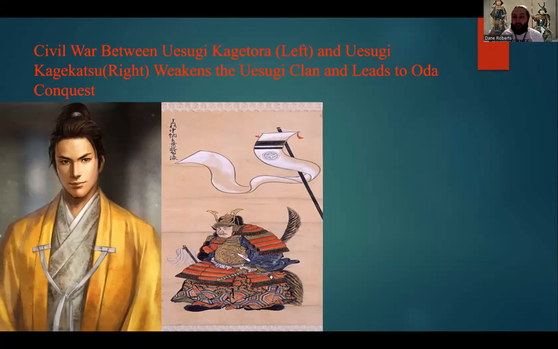And so this led to a civil war between the brothers that eventually led to Uesugi Kagekatsu, with the help of the Hojo and the Takeda clan, winning the civil war, leading Kagetora to leave in exile and eventually commit seppuku or ritual suicide. And this led to the Uesugi clan becoming far weaker, which allowed the Oda clan to come in and conquer the Uesugi clan fairly handily.